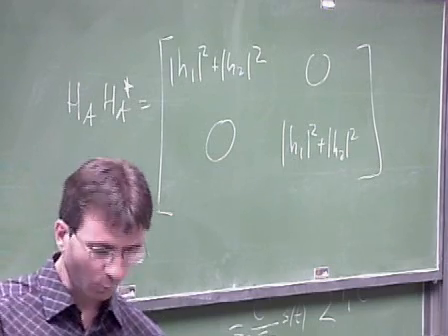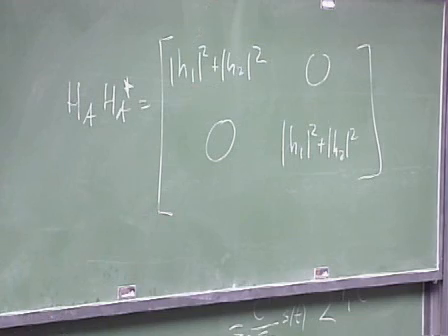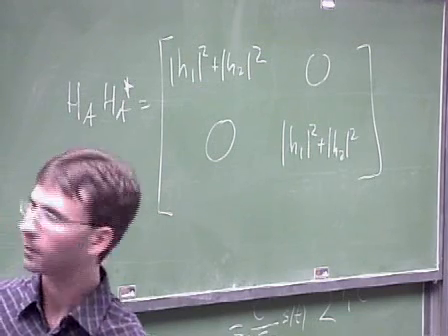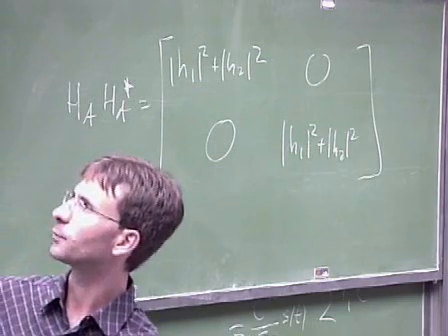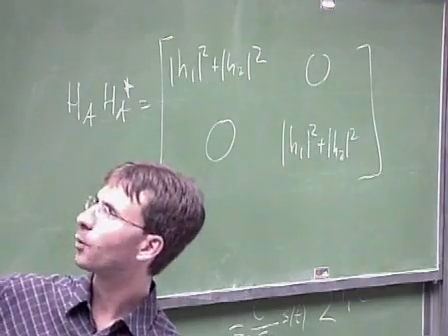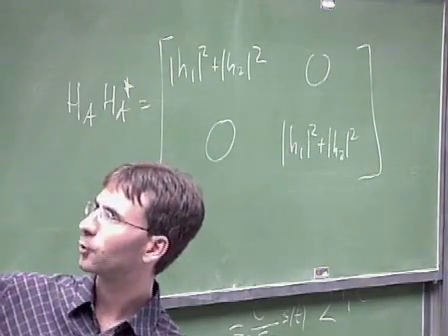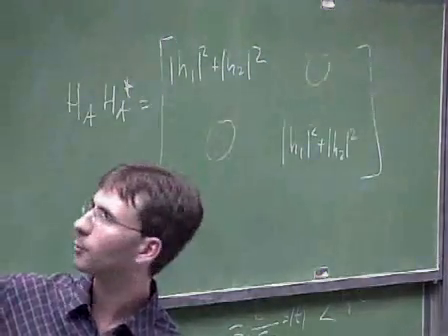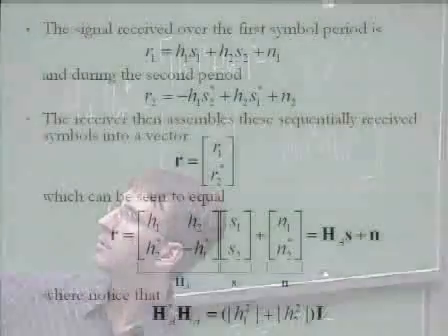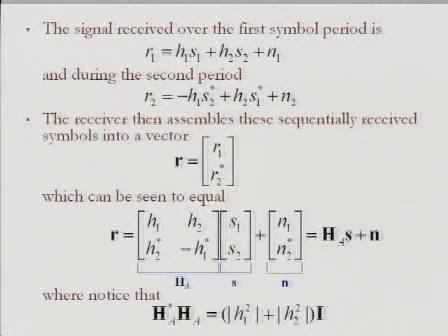And why is this always true? Well, this is a consequence of this, really. The fact that you send symbol 1 and symbol 2, and then you send symbol 2 conjugate, minus symbol 2 conjugate, and then symbol 1 conjugate, the structure on the symbols gives you this structure in the matrix, which has this property. So, as long as you preserve the structure, this conjugation and these sign alternations, this is always true.